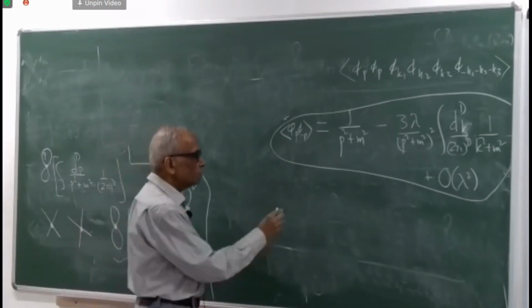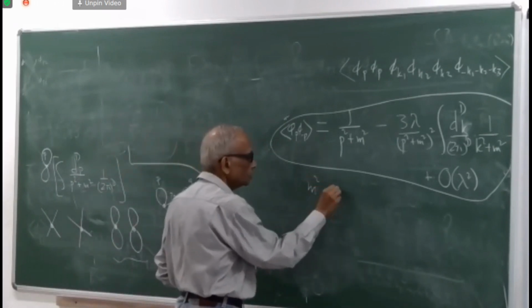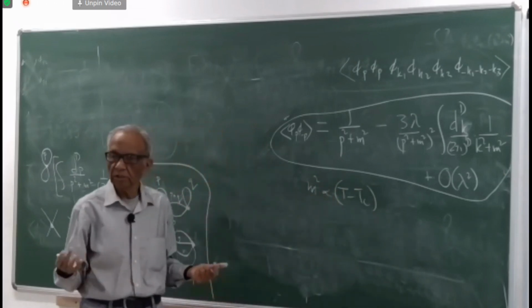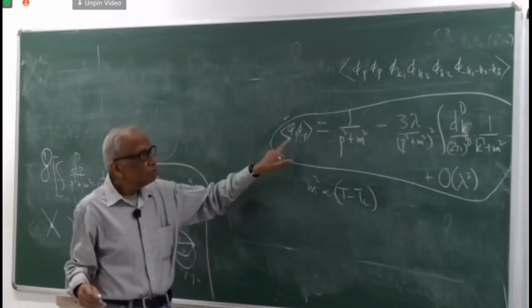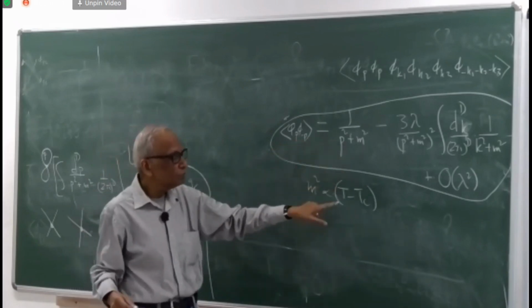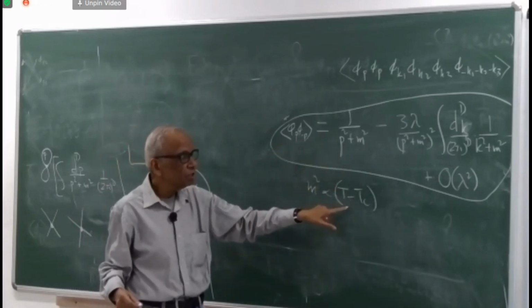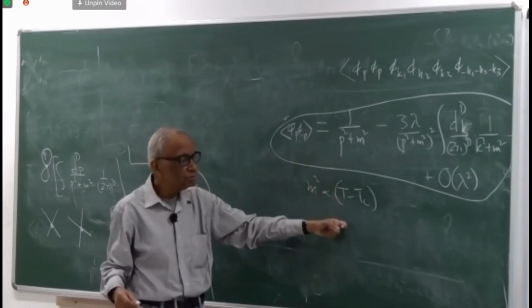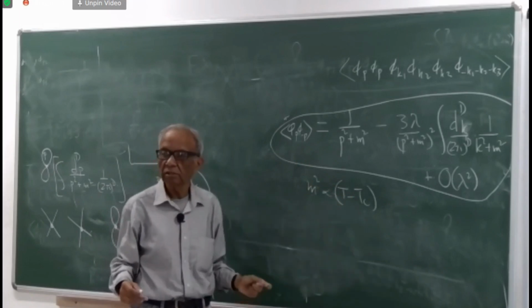And remember that m squared is proportional to T minus Tc. It's some constant times T minus Tc. So P equal to 0, this is 1 over m squared. So 1 over T minus Tc. That is the Gaussian model answer, and susceptibility diverges as T minus Tc to the power minus 1.